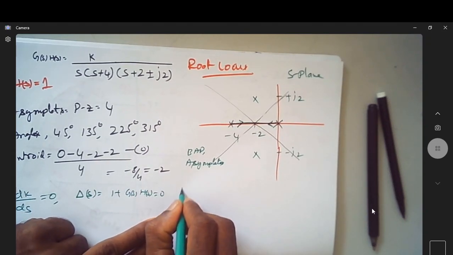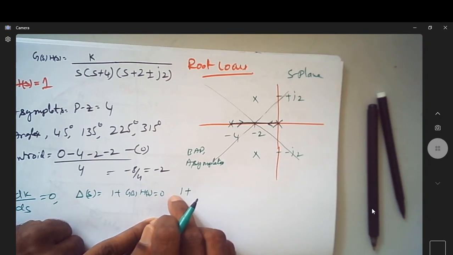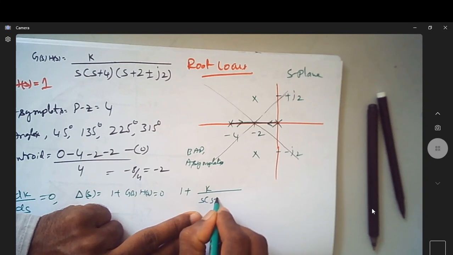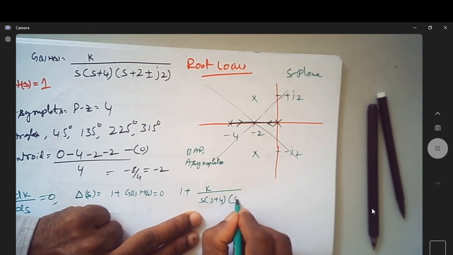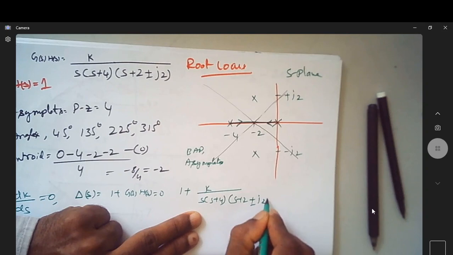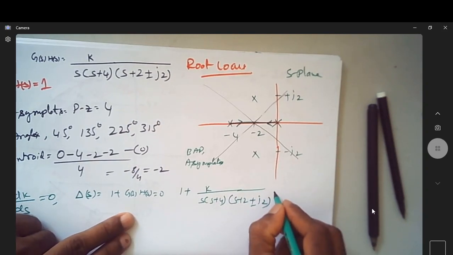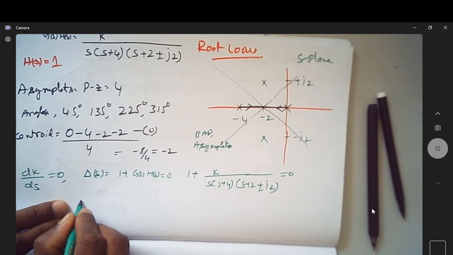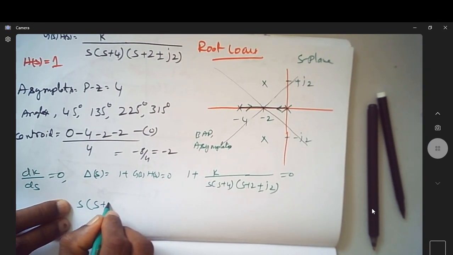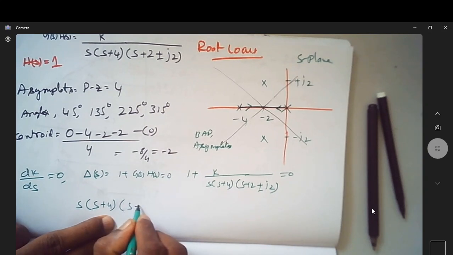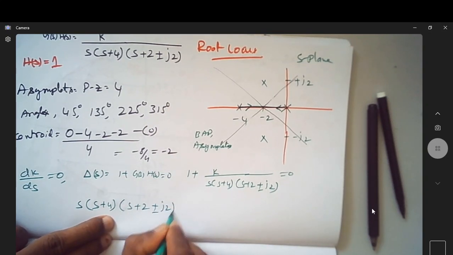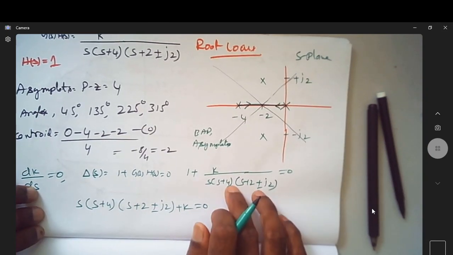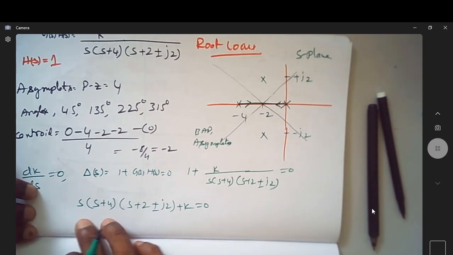Here G of s H of s is K by s into s plus 4, into s plus 2 plus or minus j2, and this equals 0. So this comes out to be s into s plus 4, into s plus 2 plus or minus j2, plus K equal to 0. The denominator goes off.